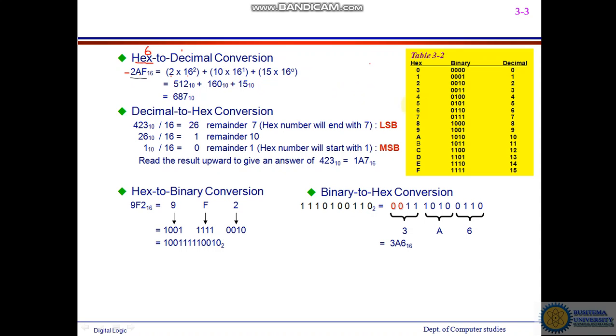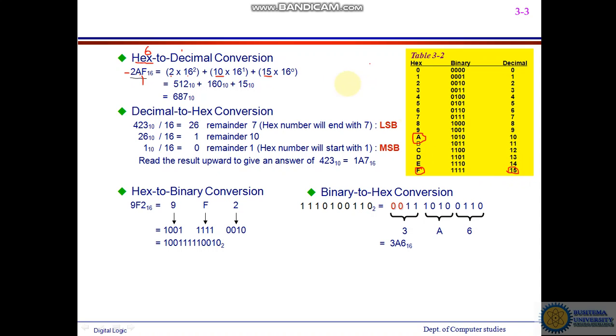I think we remember very well from somewhere here that you have 0 up to 9, and when you reach 10, you now start counting with A. All right, so 10 times 16, and then plus 15, which is the F, and when we come here, you will see that F means 15.